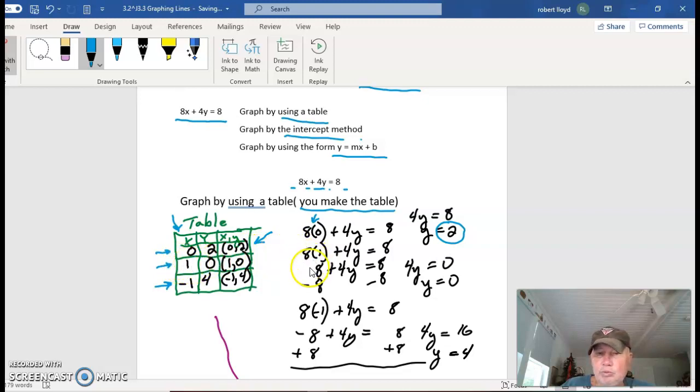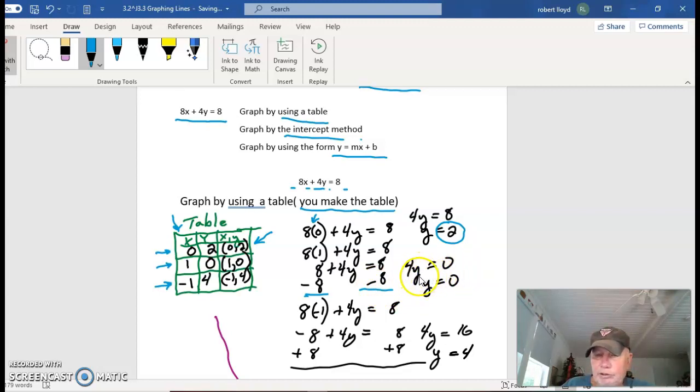If we put x as 1, we'll get 8 plus 4y equals 8, working with the side that has the variable in it, which is the left side in this case. We get rid of the addition by subtracting 8 from both sides, and we'll get 4y equals 0.